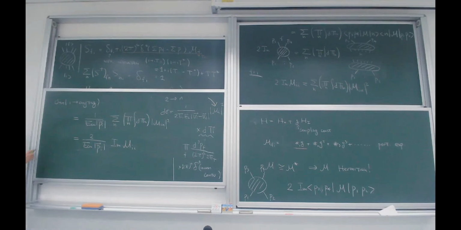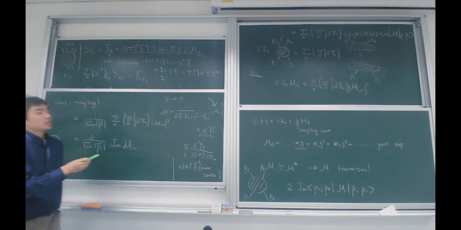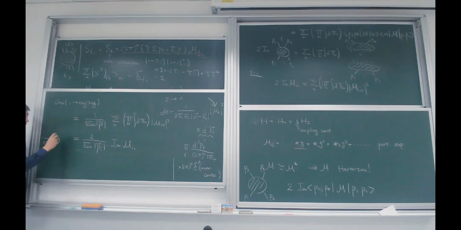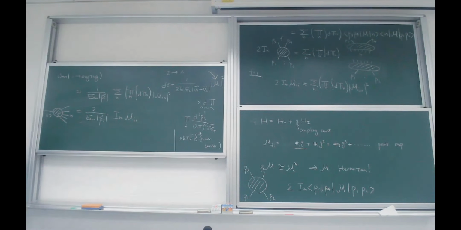So you start with the initial state, whatever state, and then because of this scattering interaction Hamiltonian, the final state can be anything, whatever n. The total cross section is indeed proportional to the imaginary part of this amplitude.